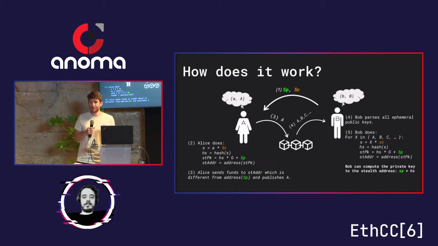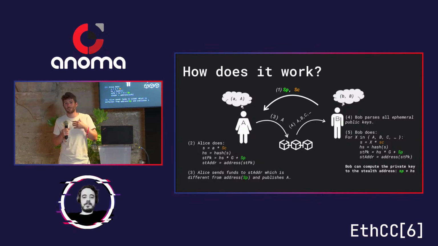The parsing is not something that we want to let users do, but now Bob can just give out his scanning private key and outsource the parsing process. Bob can give, for example, the scanning private key to some party, some exchange, and this exchange could then find the stealth addresses for Bob, but would not be able to spend from that stealth address. This is very important.